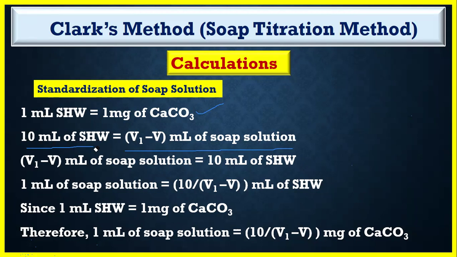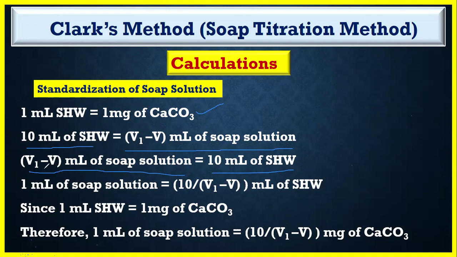So 10 ml of standard hard water is equal to V1 minus V ml of soap solution. Just reverse the statement: V1 minus V ml of soap solution is equal to 10 ml of standard hard water.